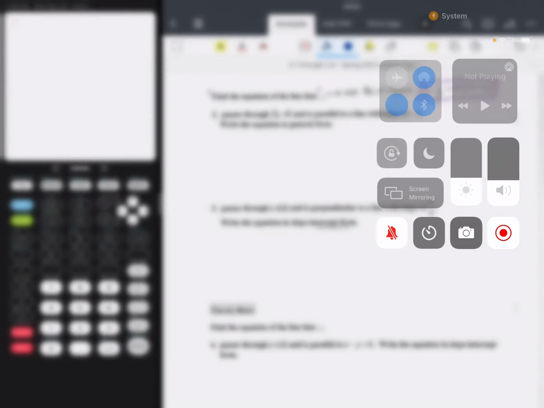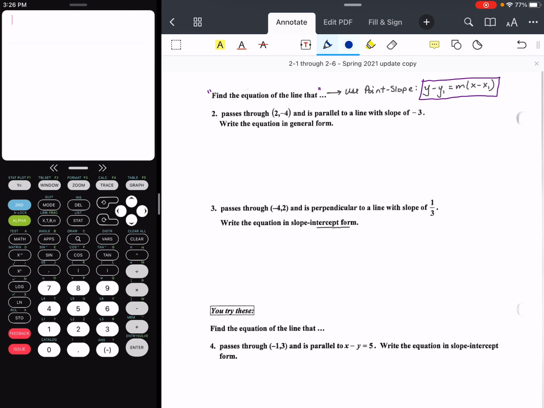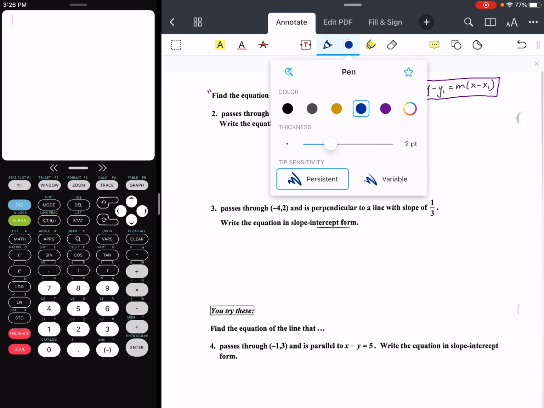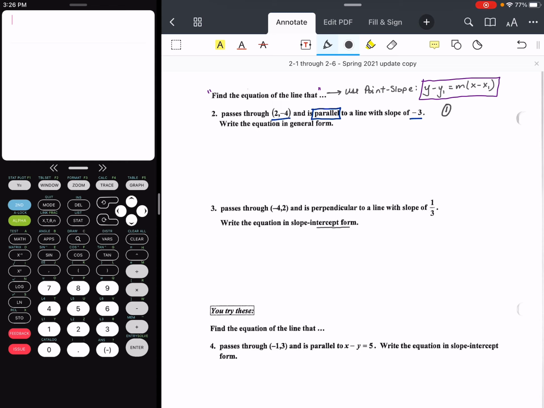Let's check this. All right, for number 2, we want to find the equation of the line that passes through 2, negative 4. So there's our point. And we want our line to be parallel to a line with a slope of negative 3. As you're working these out, a good first step is to find your slope if it's not already given.